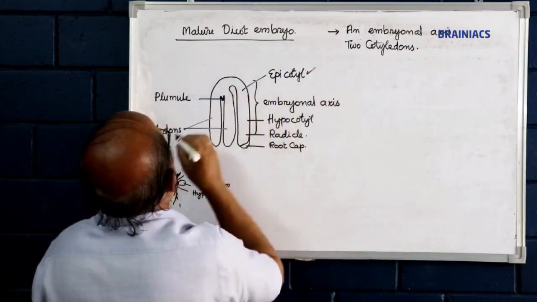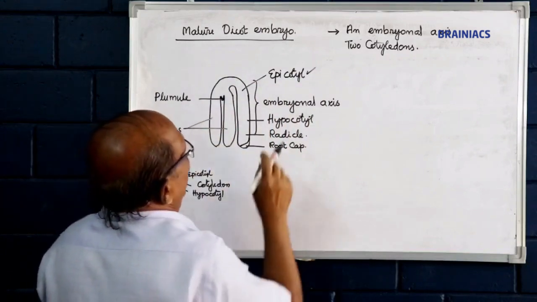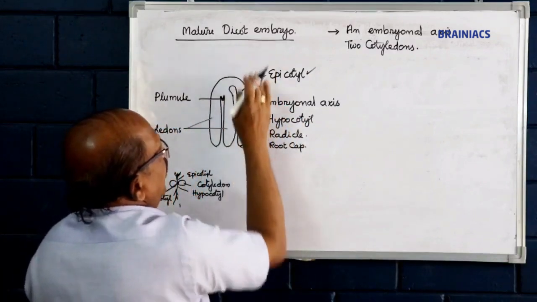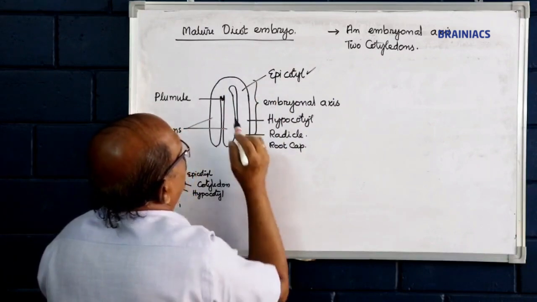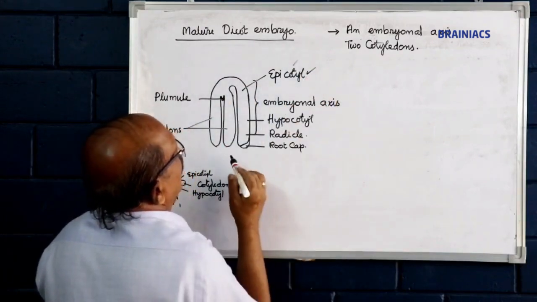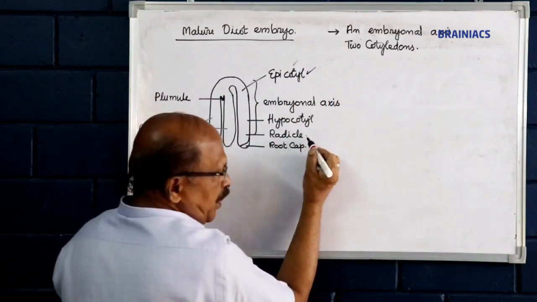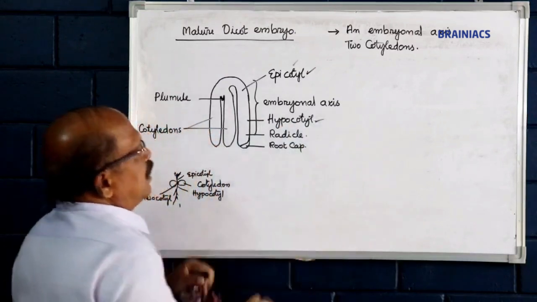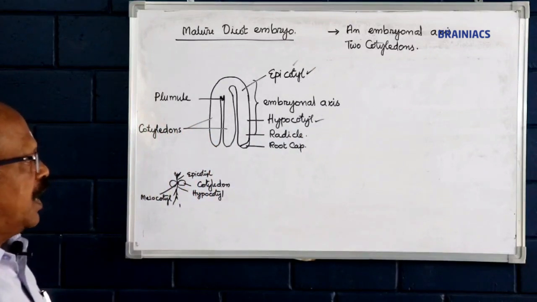So this is plumule. The two cotyledons, since it is dicots, and the embryonal axis. The whole cylindrical part is the embryonal axis, having the part above the plumule as epicotyl, and the part of the embryonal axis below the cotyledon called the hypocotyl, radicle, plumule.